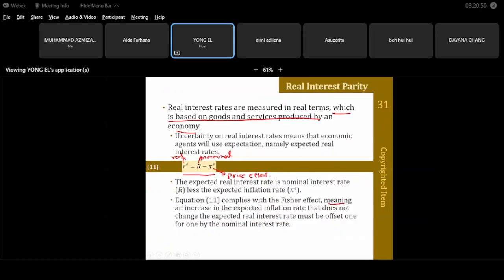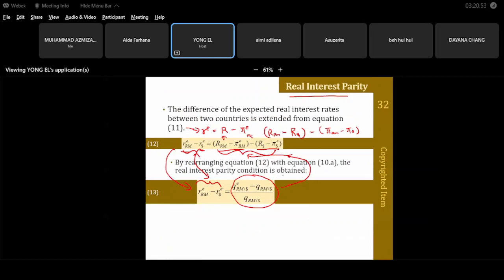We can get an equation like this. Meaning the difference in real interest rate between the two countries is equal to the percentage change in real exchange rate. No more inflation in this equation because both sides are real. This side real, this side also real. There's no need for inflation to enter this equation anymore because both sides are expressed in real terms.